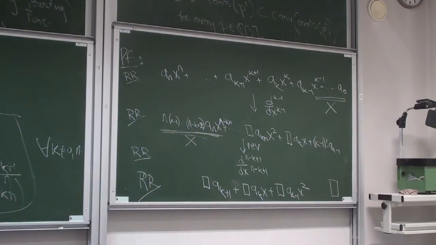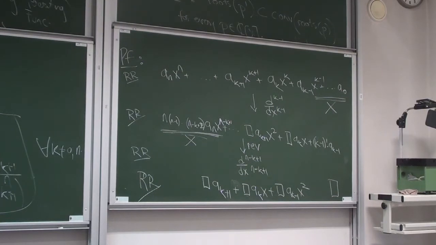I should say this is implied by real-rootedness. For n equals 2, this is equivalent to real-rootedness. For n equals 3, it is not equivalent to real-rootedness. This is known. Maybe this will be one of the exercises. This is not equivalent to real-rootedness.